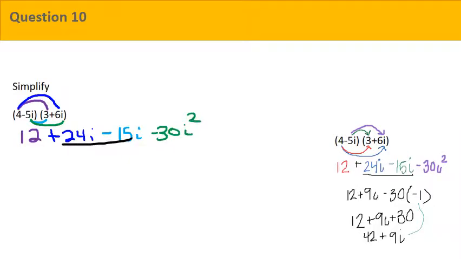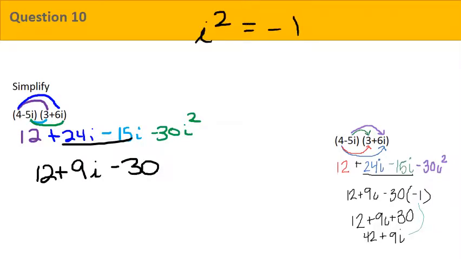Combine like terms, so 24i minus 15i gives you a 9i. So let's write down what we have. Now, this i squared, remember, i squared is equal to negative 1. That's the whole magic between all this. i squared is equal to negative 1. You have to know that.